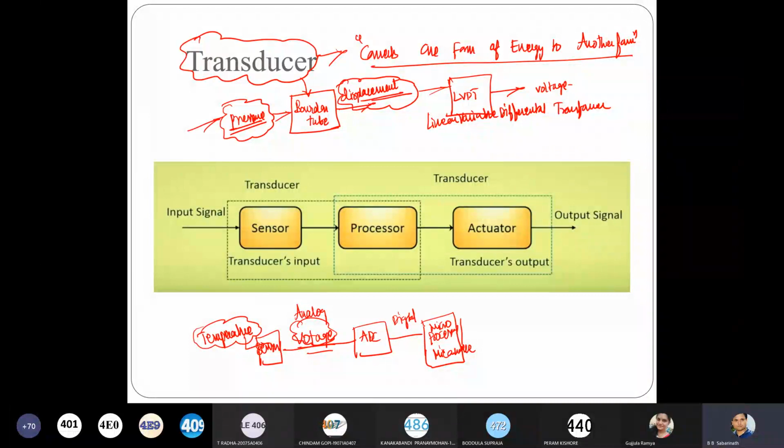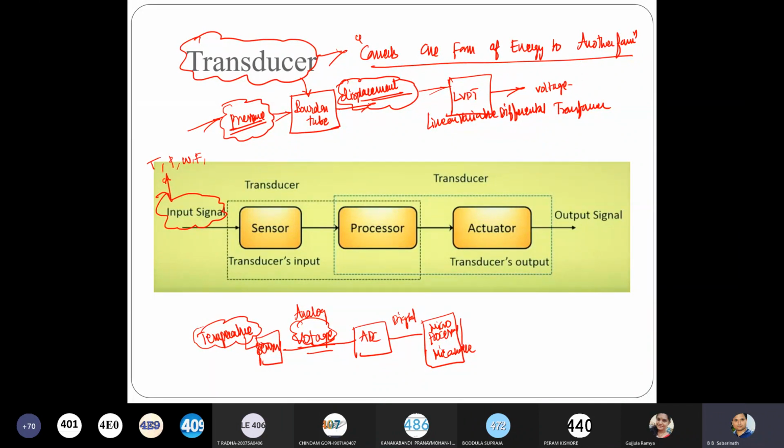If you want to process using a processor or a microcontroller, we need to convert these physical parameters. This input signal, these are physical parameters, like temperature, pressure, water level, flow level, acceleration, stress, strain, whatever the physical quantity.